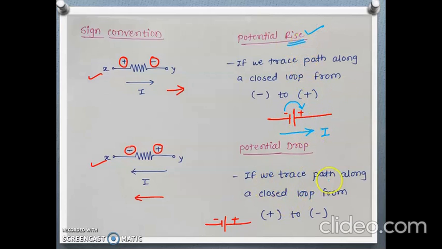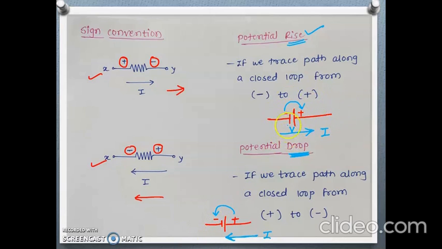Suppose we trace the path along a closed path from positive to negative, with the current path assumed in this direction. So we are tracing from positive to negative, which means the voltage is a drop. Suppose this is V volt.